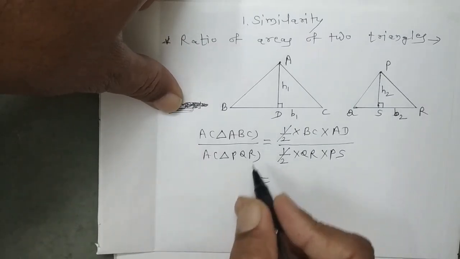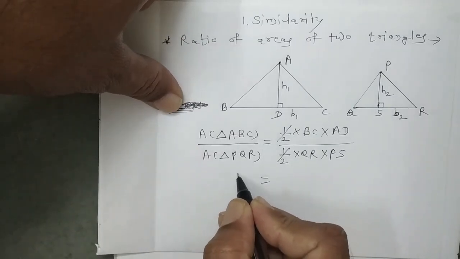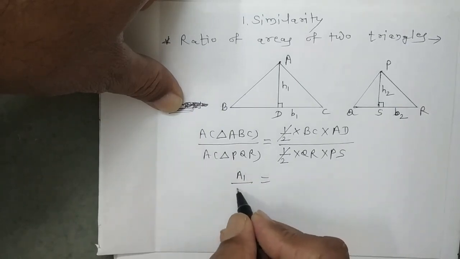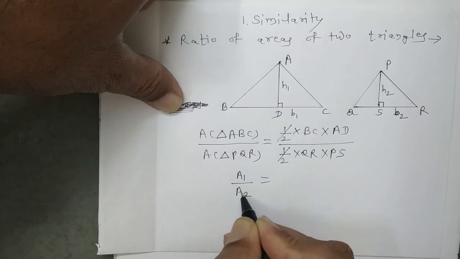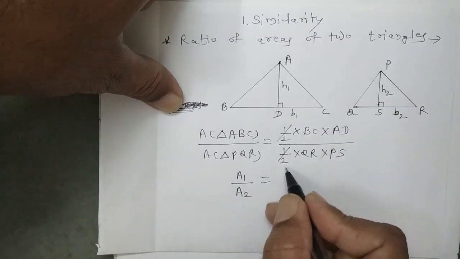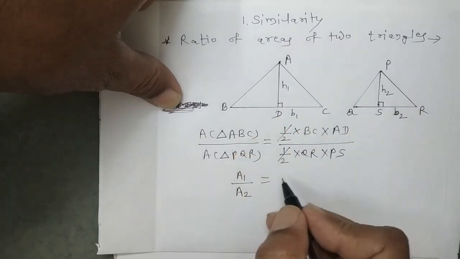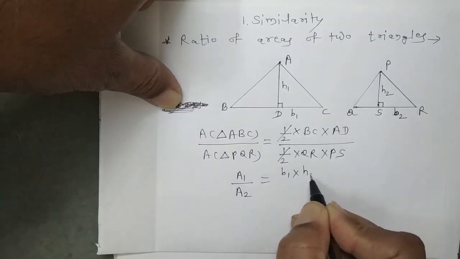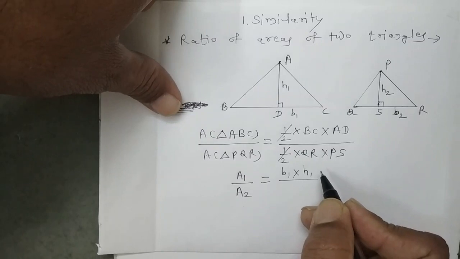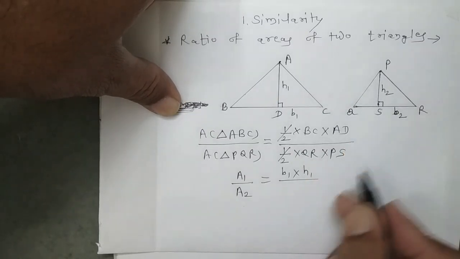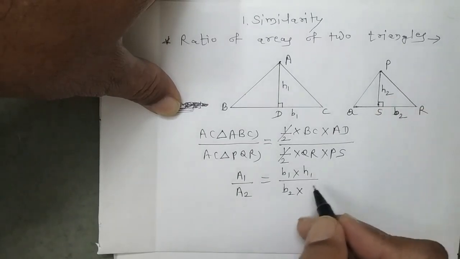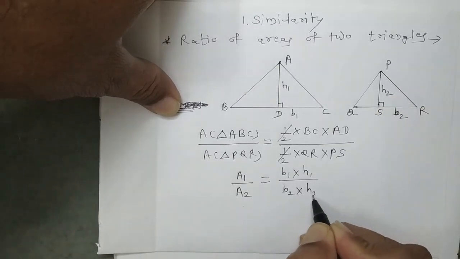Now area of the first triangle ABC, that is A1, divided by area of the second triangle, that is A2, is equal to, now BC is B1 into AD is H1, divided by QR is B2 into PS is H2.